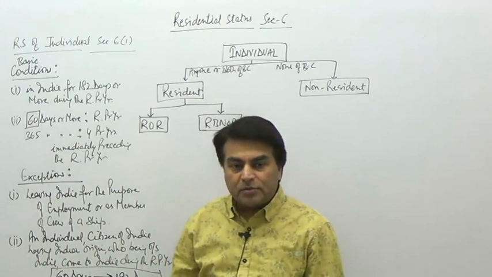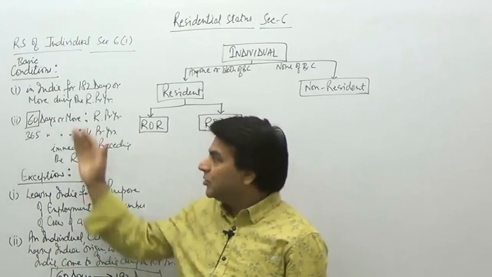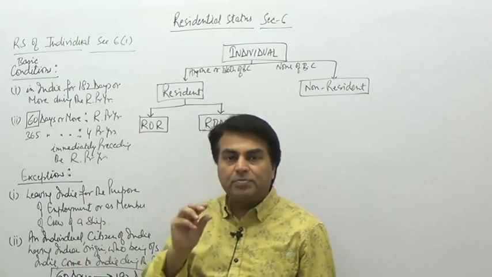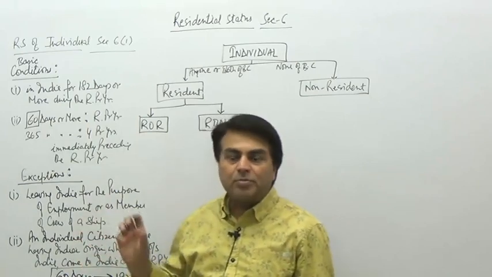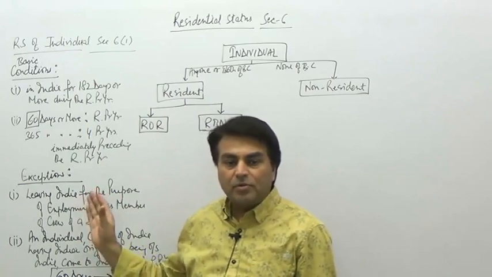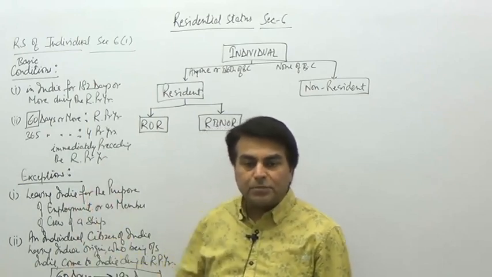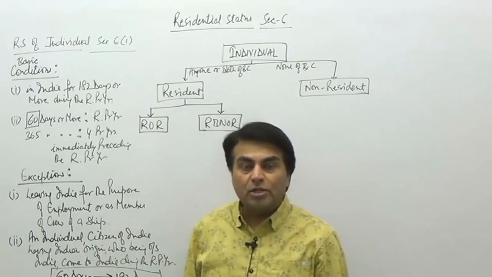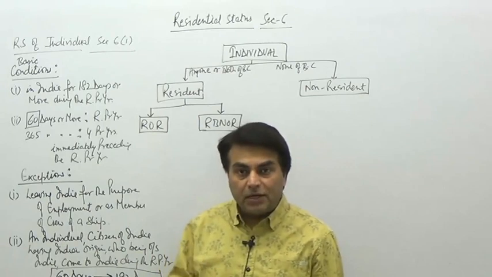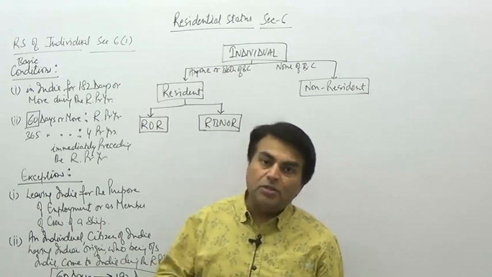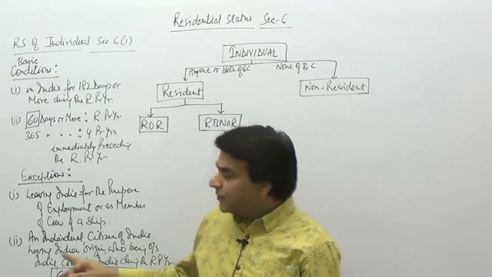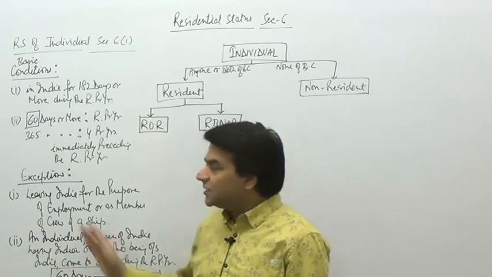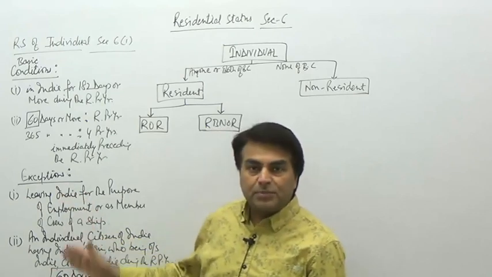Okay, but when you would understand these things well, when you have certain practice of doing certain problems where you need to apply the basic conditions and exceptions, you would come to know the final consequential effect of this change, that we are now changing 60 days to 182 days in case of these exceptions.